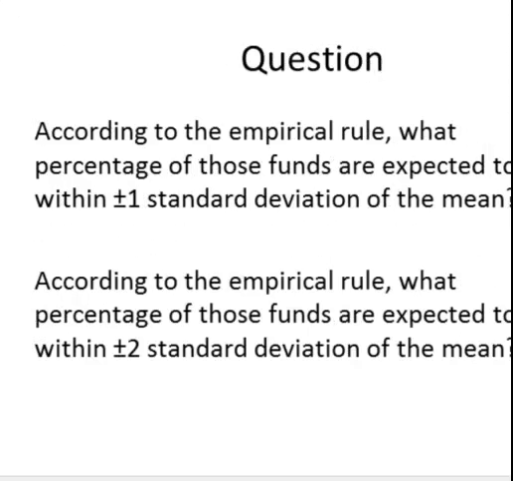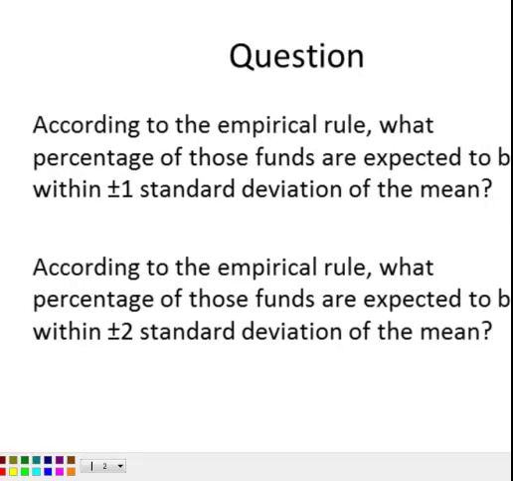So if we go back to the problem, 68% of these funds will be within one standard deviation of the mean, and 95% of these funds will be within two standard deviations of the mean. Okay, so those two questions are pretty simple because all you have to do is look at the empirical rule.